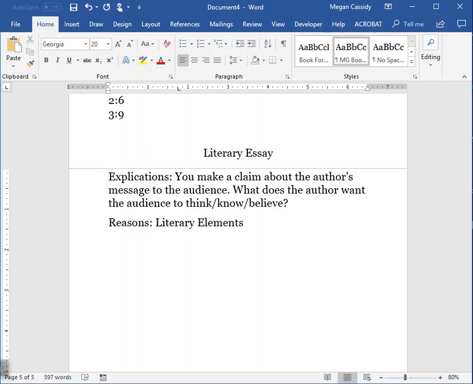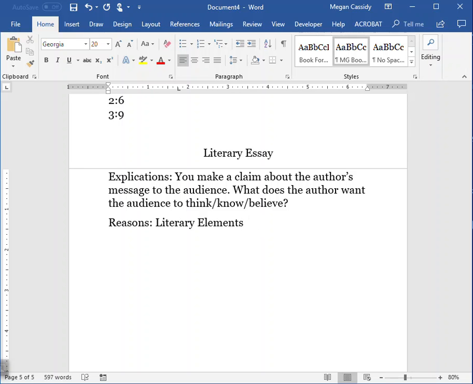Now, if you looked at the other PowerPoint where I talk about literary elements, which I hope you did already, the literary elements are things like characterization, motif, which is a repeated element, symbolism, personification in poems, figurative language, plot devices, things like that.